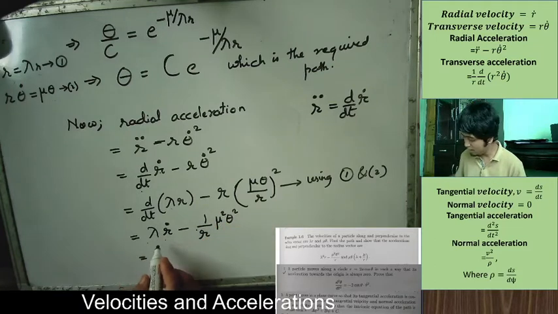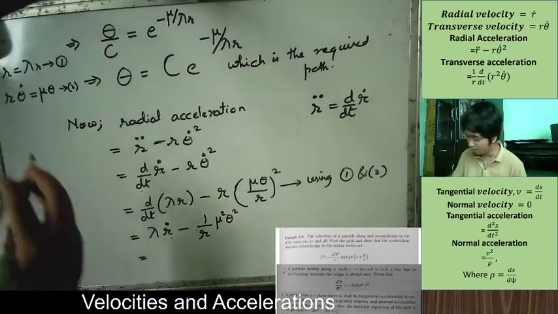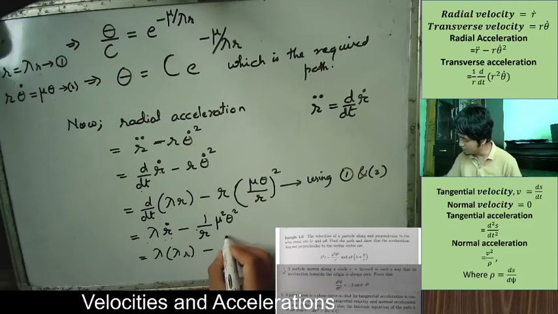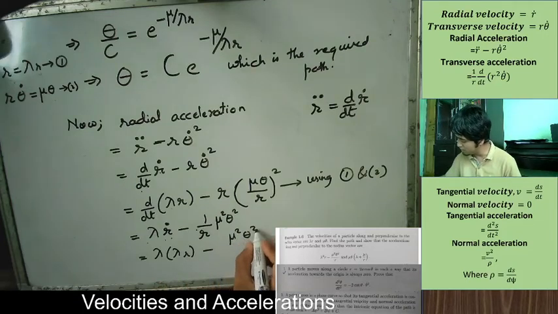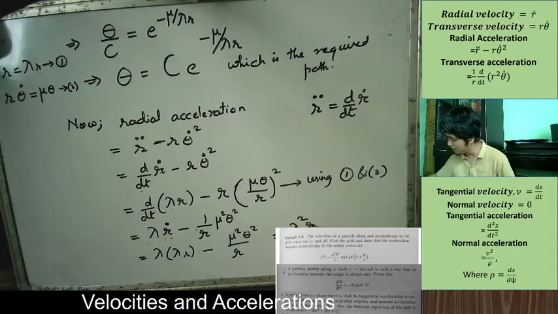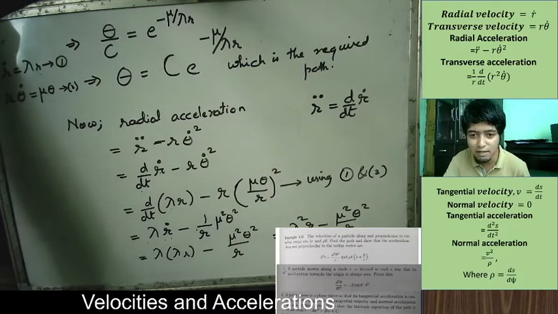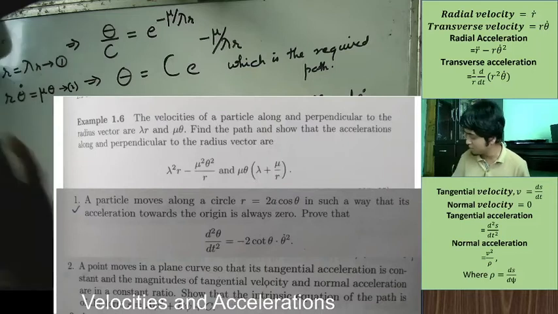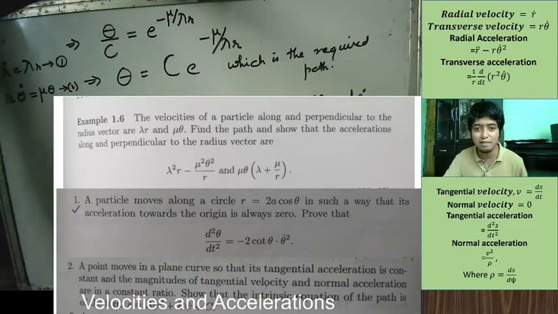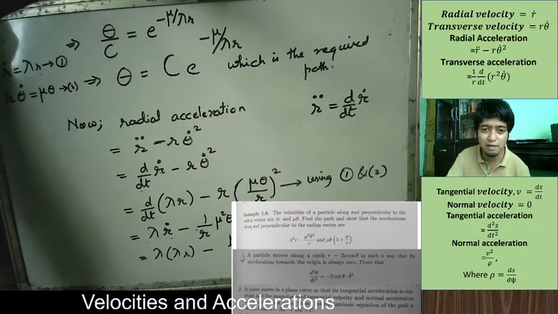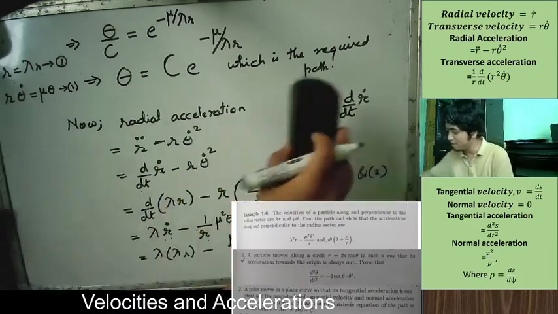So lambda, again r dot is lambda r, minus mu square theta square 1 by r. Ultimately we will have lambda square r minus mu square theta square by r. Let us see whether that is the required expression or not. As you can see, it is indeed the required expression that we want to find for the radial acceleration. Now let us find the transverse acceleration.